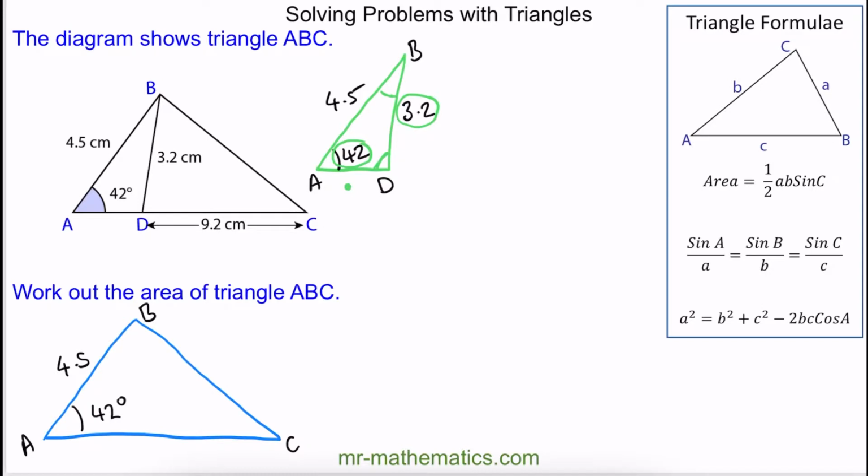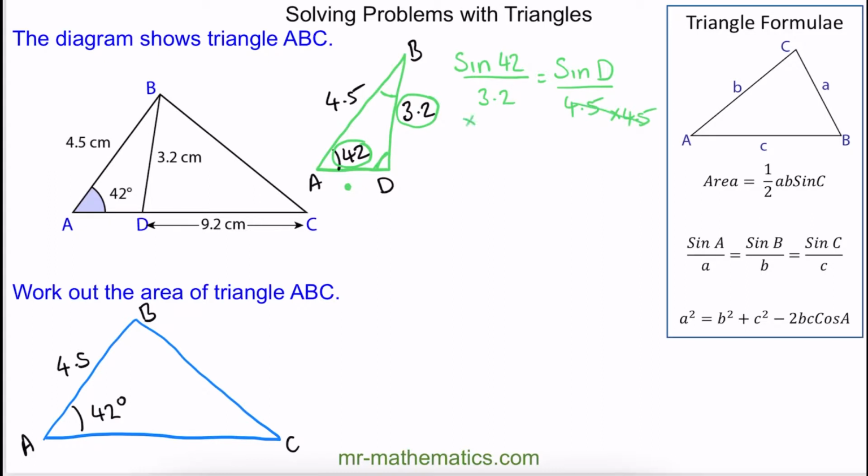So we have the sine of angle A, which is 42, divided by the opposite side, which is 3.2, and this is equal to the sine of angle D divided by the opposite side, 4.5. I'll rearrange this equation by multiplying both sides by 4.5.